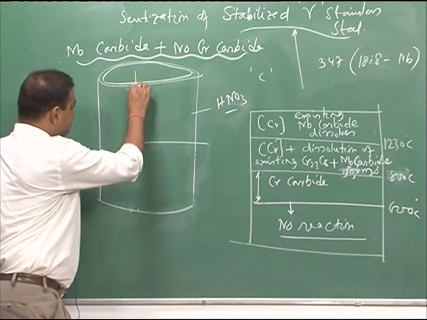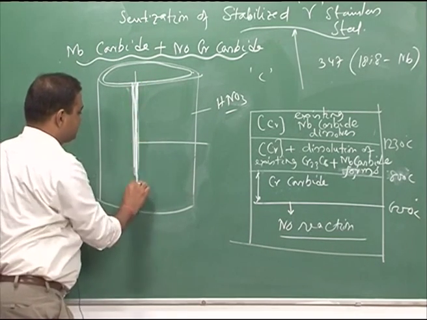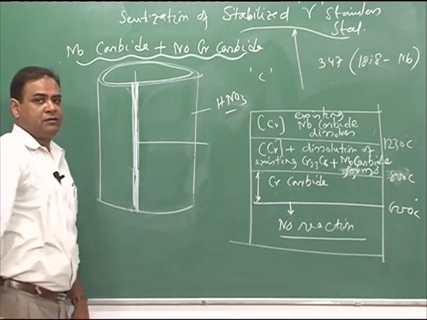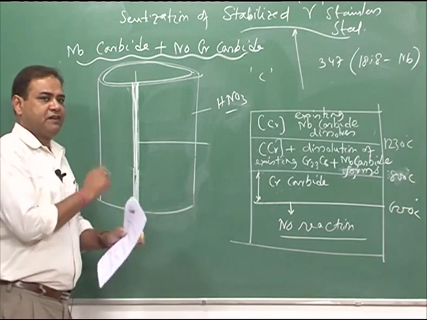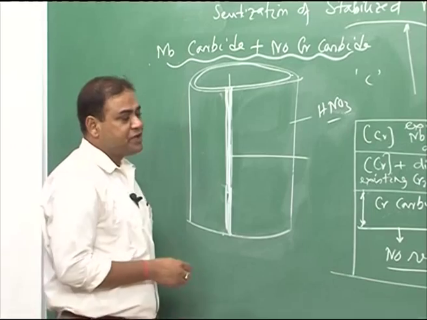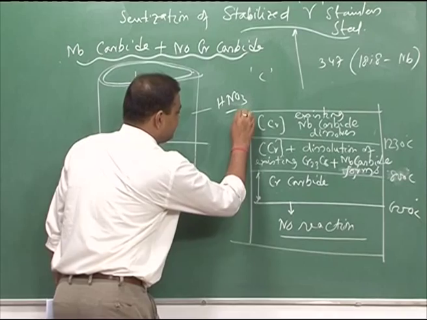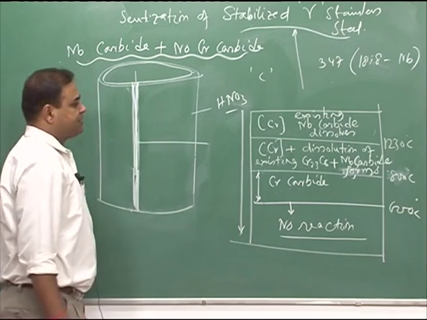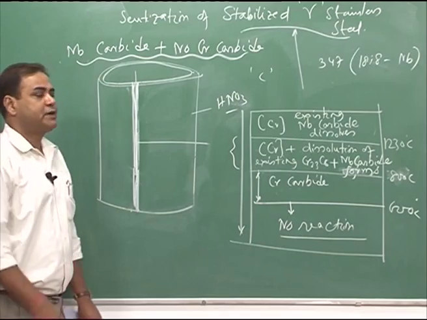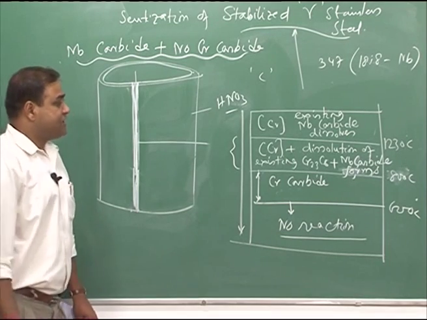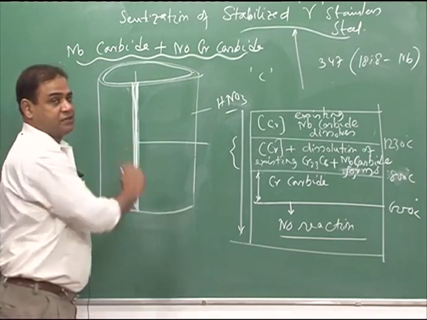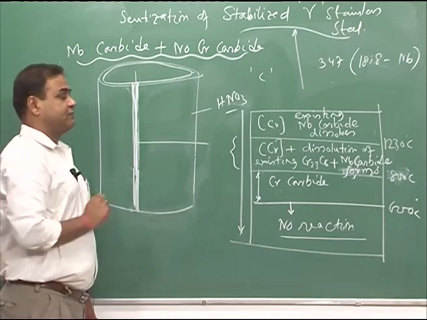Now, since this is a very thin sheet of metal, and if we go for arc welding, the cooling rate would be very fast. During cooling it will go like this, and if the cooling rate is very fast in this zone, niobium carbide will not form. If niobium carbide does not form, then I do not have the stabilization because of niobium carbide formation.